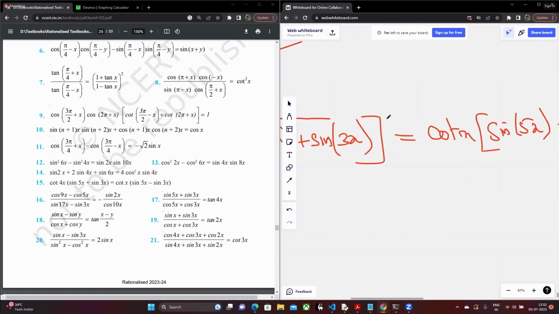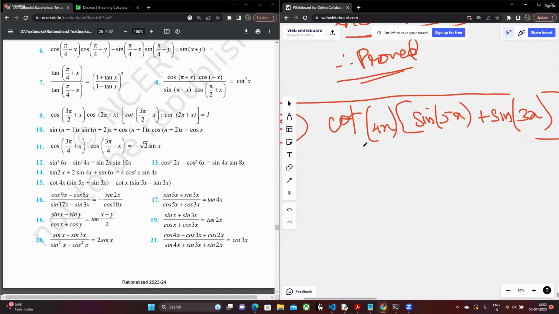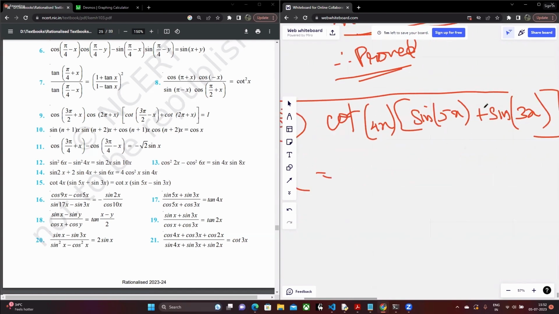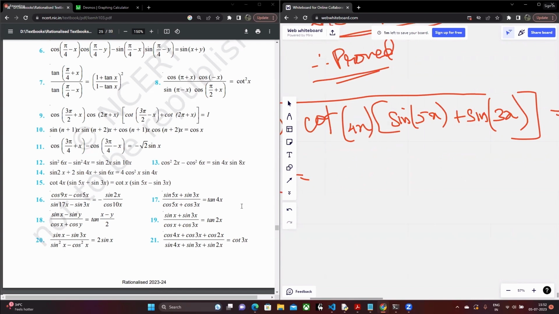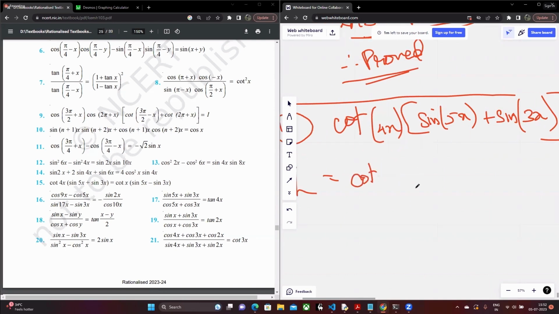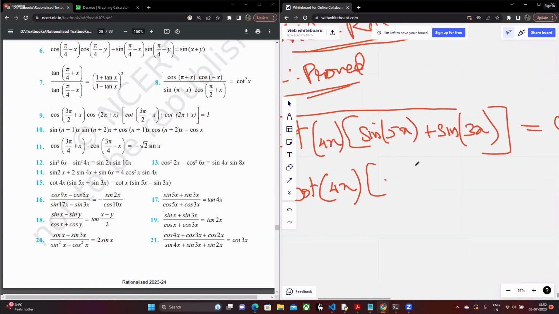Right. Same rules. Let this be L, let that be R. Right. So L is equal to, I'll basically condense this with the sin x plus sin y formula. So I'll be left with cot of 4x into 2 sine, since it's a plus, sine of a plus b by 2 into cos of a minus b by 2. Right.